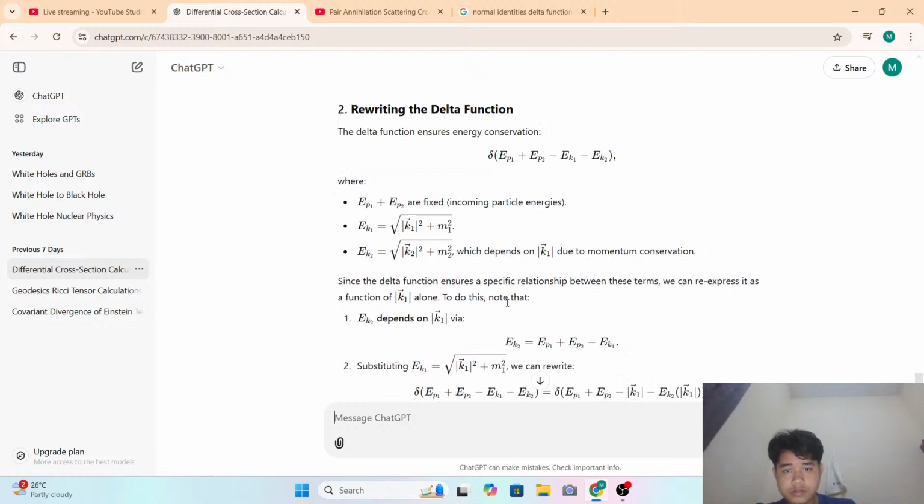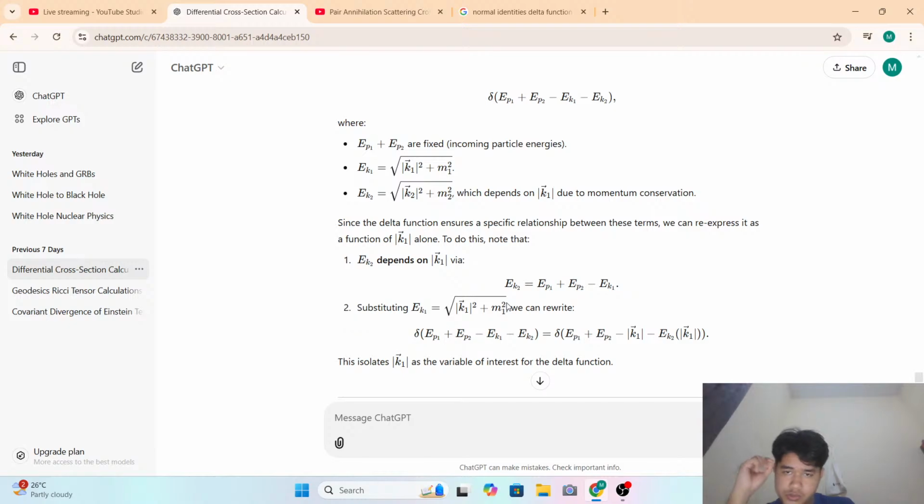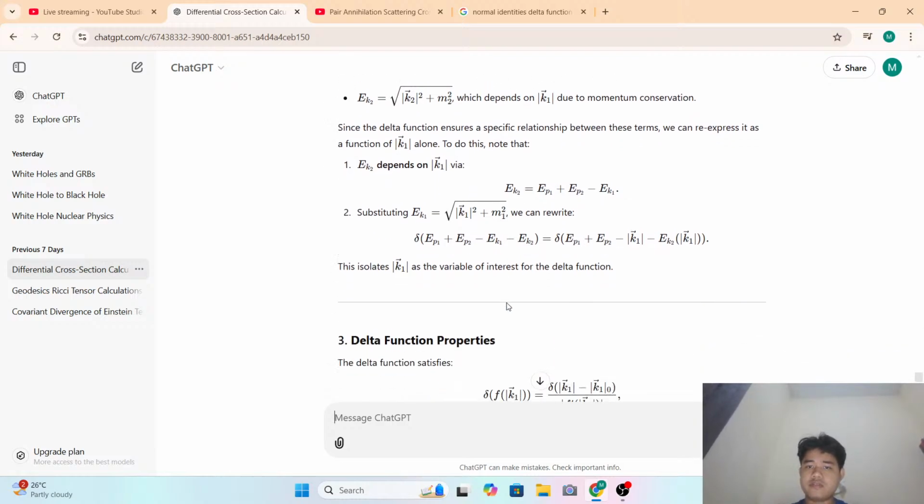Since the delta function ensures a specific relationship between these terms, we can re-express it as a function of k1 alone. Okay, substituting, we can write. Okay, I understand until this part. This isolates k1 as a variable of interest for the delta function.